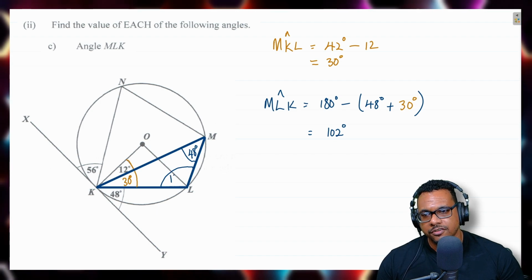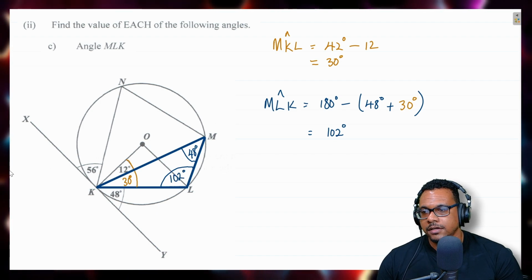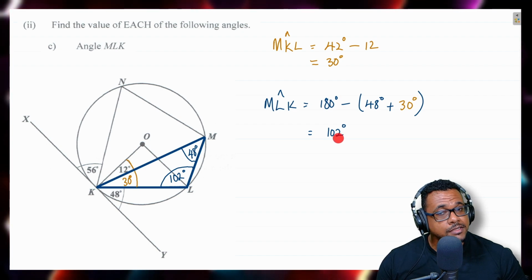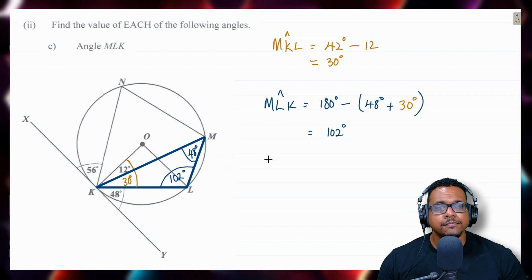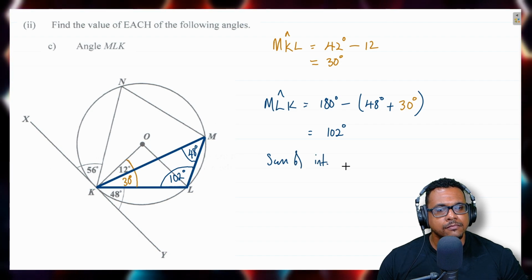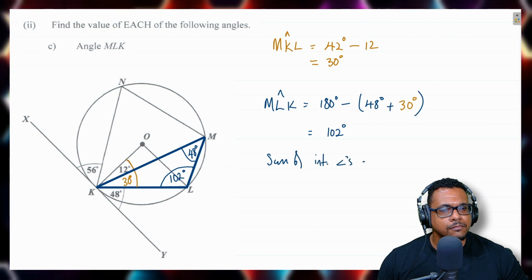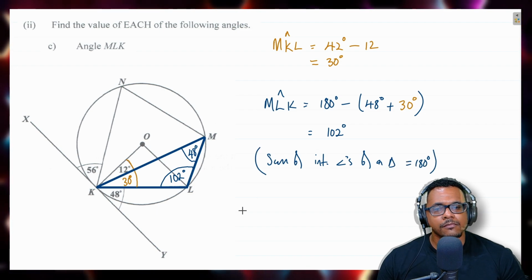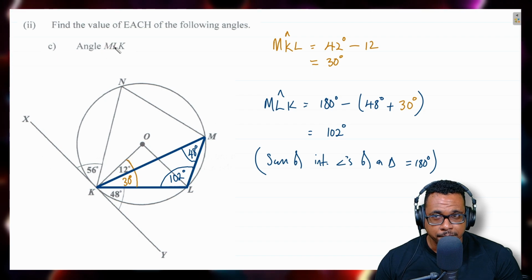The reason for this is the sum of the interior angles of a triangle is equal to 180 degrees. And that's your answer for MLK.